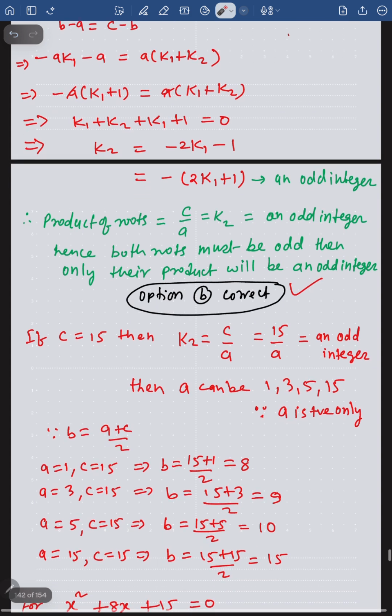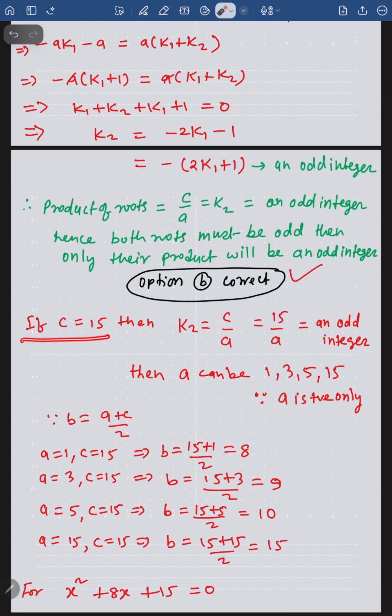Now for option C, if c is 15, then k2 we have assumed as c upon a, so 15 upon a, but k2 is an odd integer, as we just got. Since a is positive, a can be 1, 3, 5 or 15, then only this division will give an odd integer.